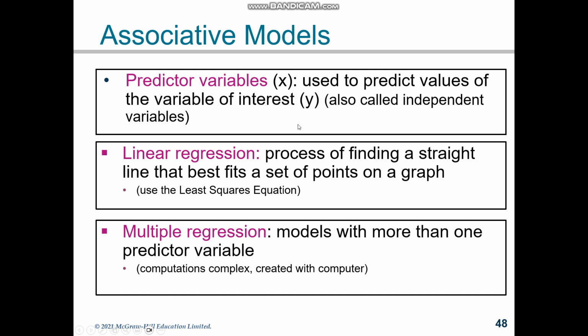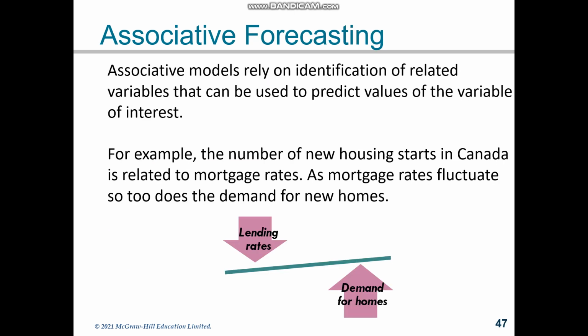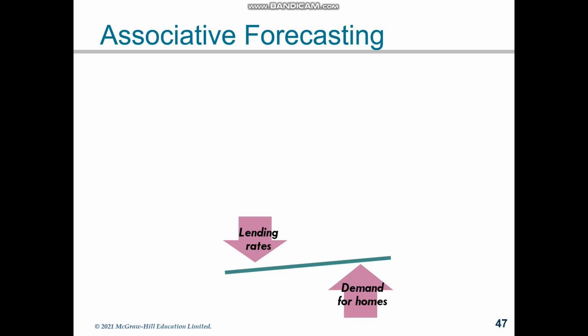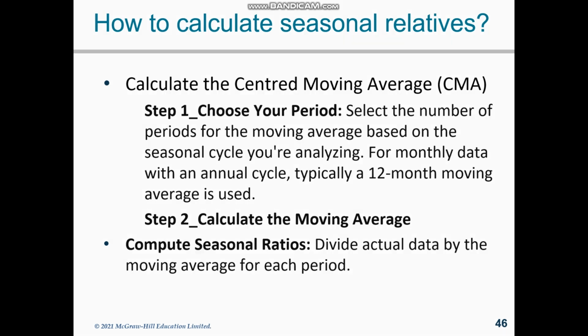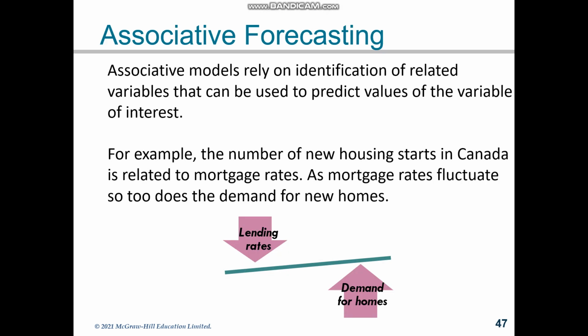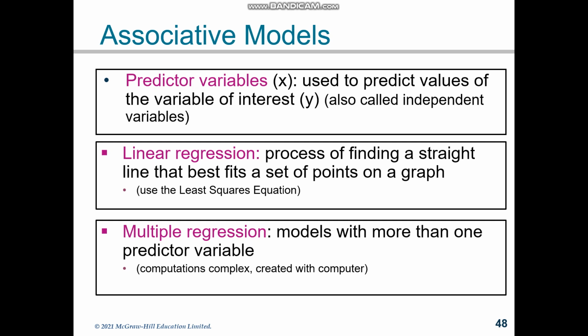And we are going to find the relationship between these two variables. By finding the equation, we can make a forecast about these two variables in the future. Alright, there are two types of associative models: linear regression and multiple regression.